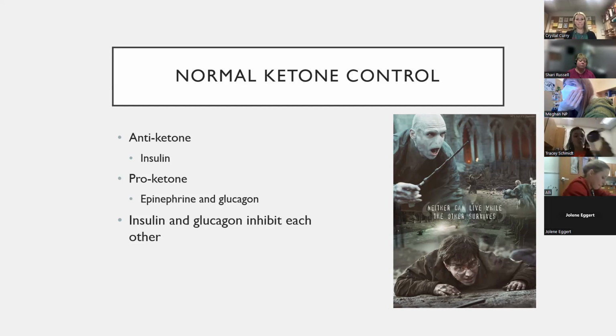It doesn't really make sense for your body to make both of these at the same time. So insulin and glucagon will inhibit each other. So if you have a lot of insulin, then it will stop glucagon from being produced and therefore stop ketones from being produced. And conversely, if you have a lot of glucagon around, then you're more likely to be producing ketones.